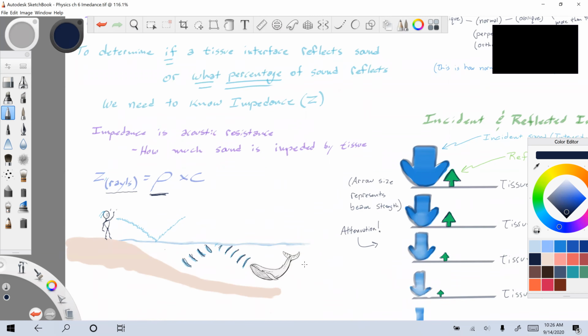Because the impedance down here is very different than the impedance up here in the air. Actually, there's a huge difference in velocity and in density.